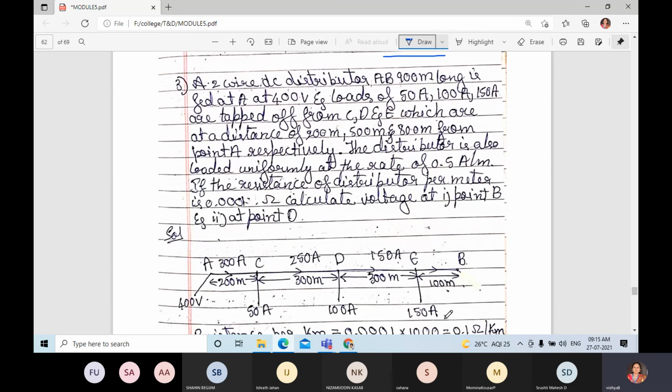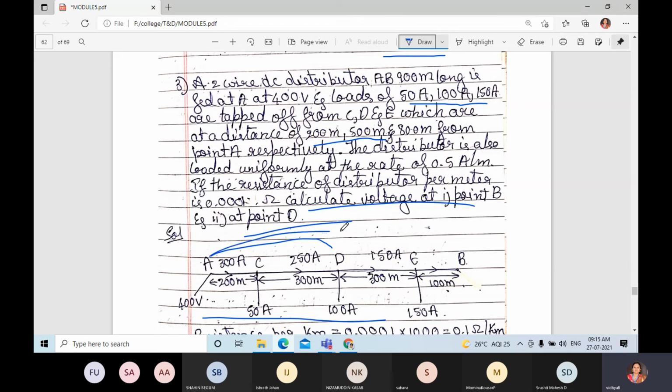Next, they have asked to calculate the voltage at point B and at point D. They have given the distance and also the load. Here they have given loads 50, 100, 150 and the distances 200, 500. 500 means you should not consider from C to D as 500; from A to D they have given 500.